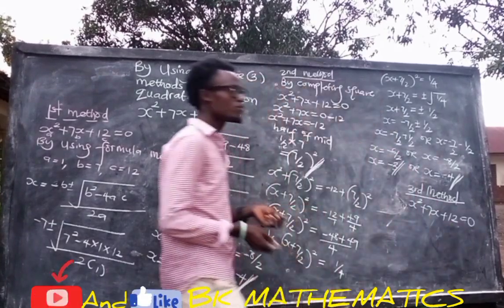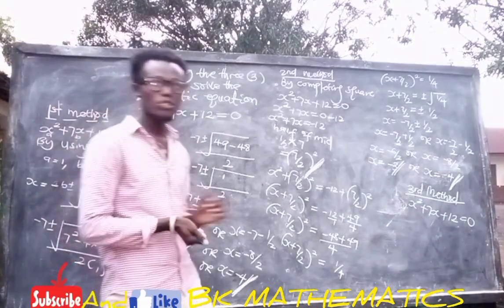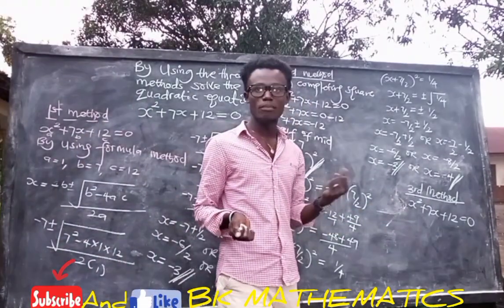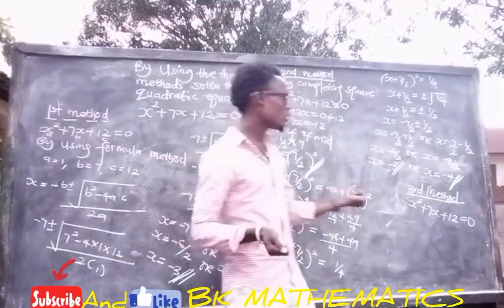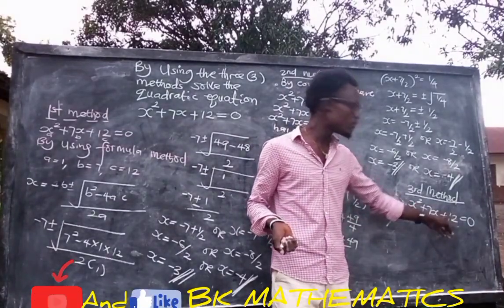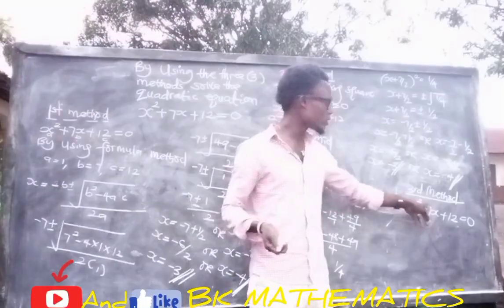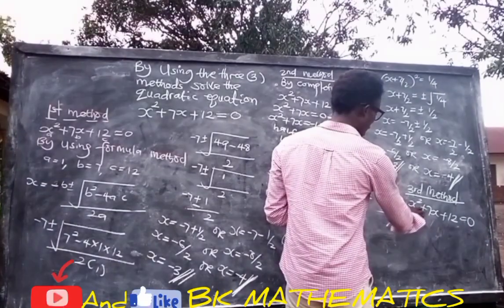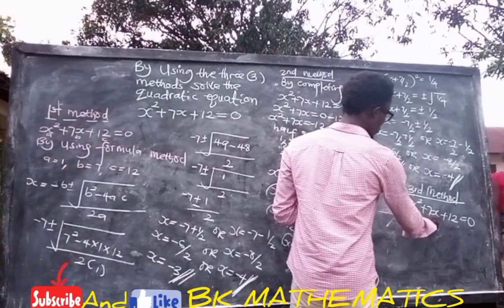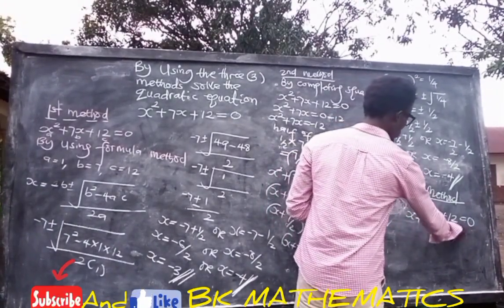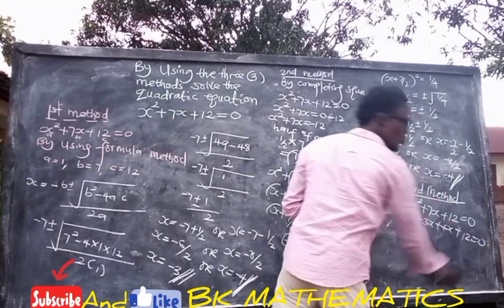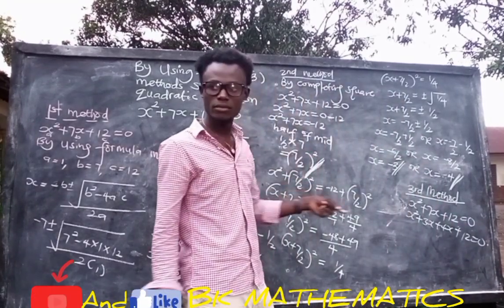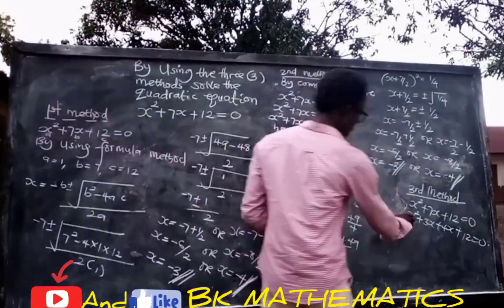Now if you want to use this factorization method, what I need to do here is just find two numbers which, if you multiply them, you are going to have 12, and adding the two numbers, they will give you 7. Automatically it is 3 and 4. Then this one becomes x square plus 3x plus 4x plus 12, everything becomes 0. Then we factorize now.